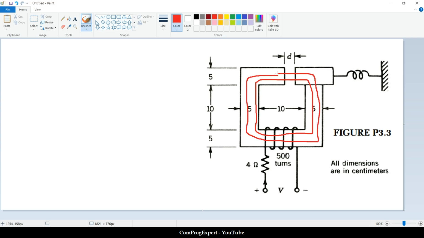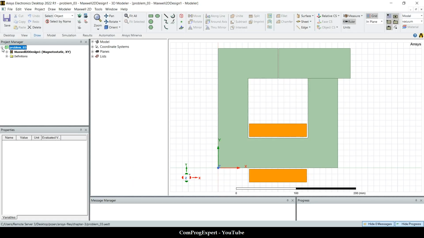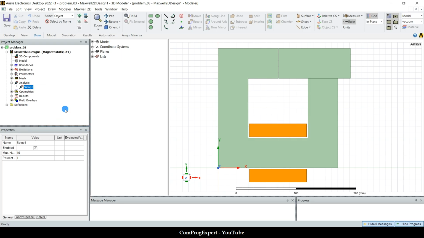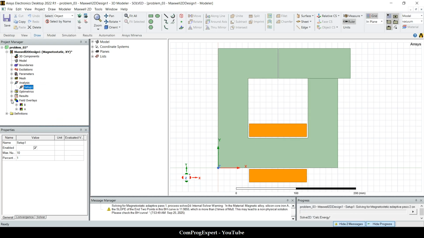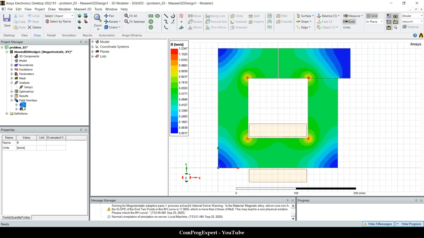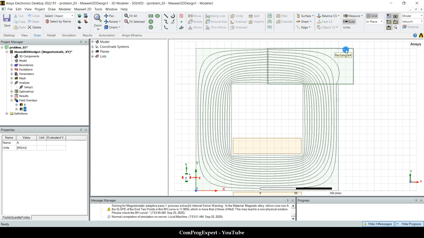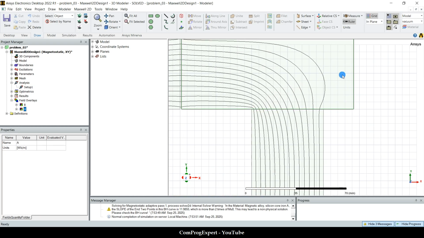So what is the active volume in the core? Is this part active or not? Let me run the simulation here, analyze, to check the flux lines in the core. As you can see, this part of the core is not active.